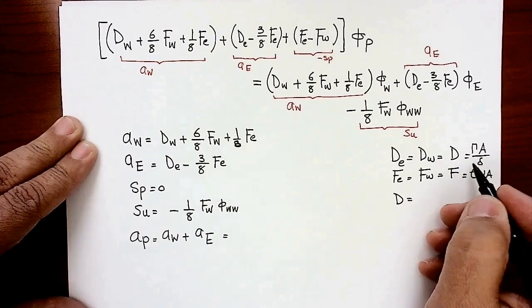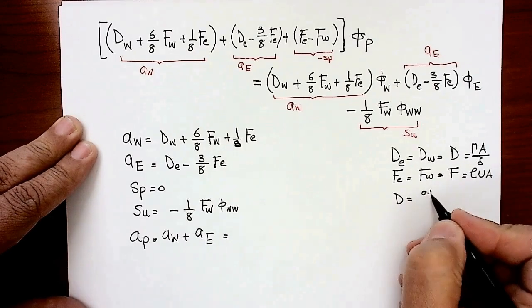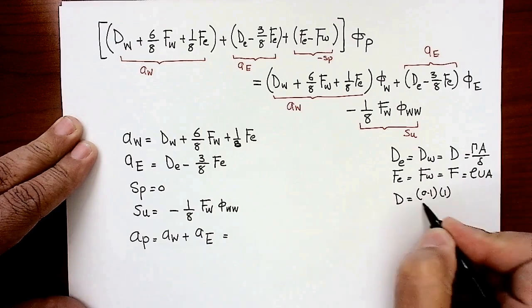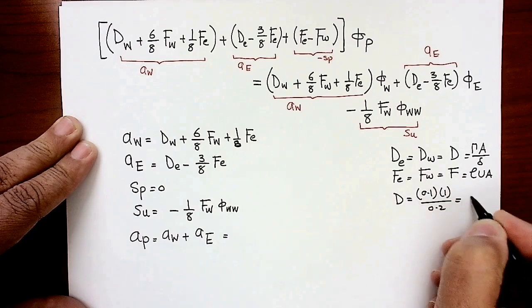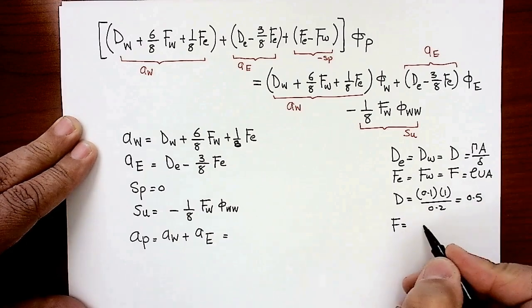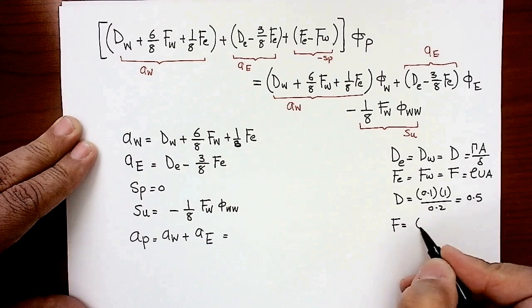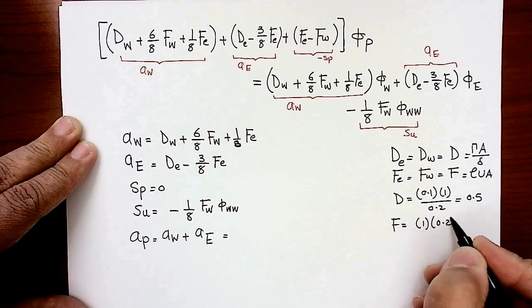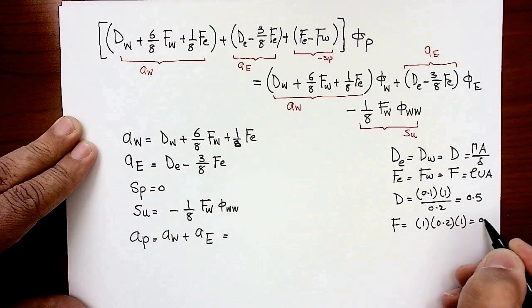So kappa in the problem was given by 0.1, A is given by 1, and delta is 0.2. So we have D equal to 0.5. Then rho is given by 1, U is 0.2, and the area is 1. So I got F equal to 0.2.